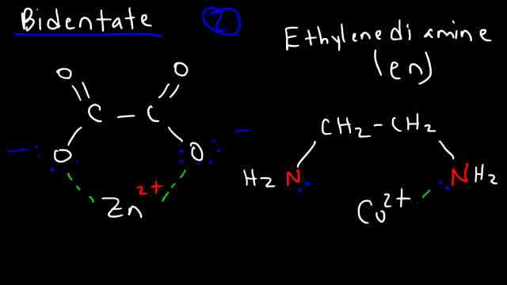So this is one interaction, and this is the second interaction. So that makes ethylene diamine a bidentate ligand. Those are known as chelating ligands. A chelating ligand can interact with a metal ion in more than one way. So bidentate ligands are chelating ligands.